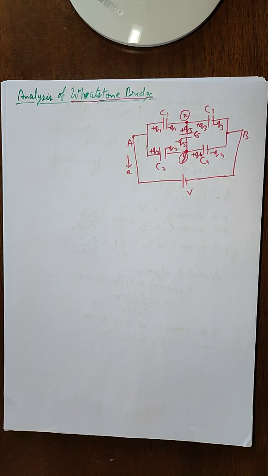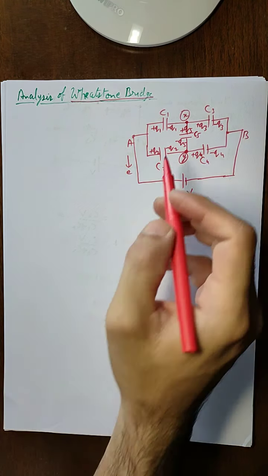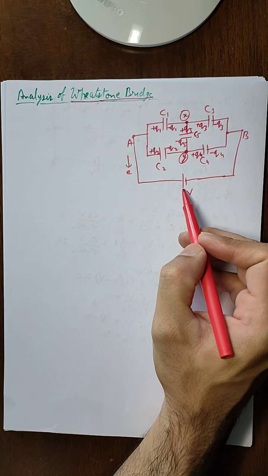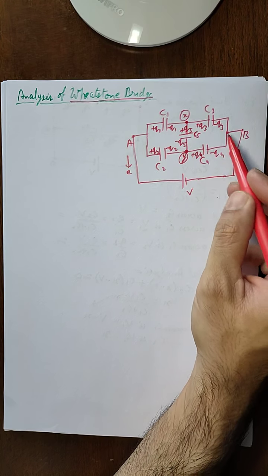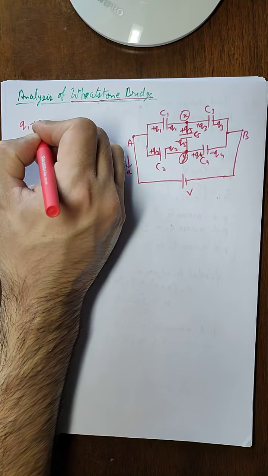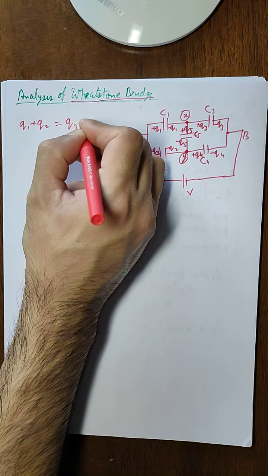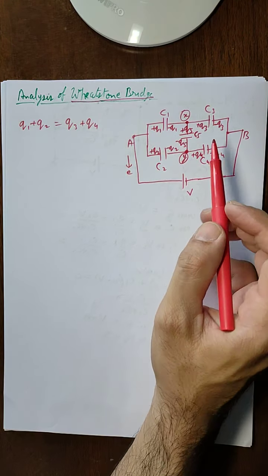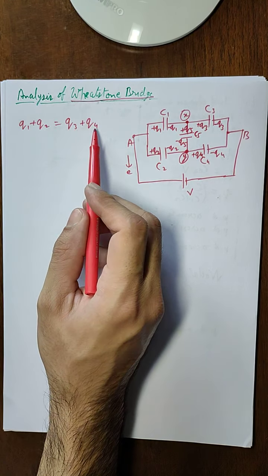So for now if we assume this, now since Q1 and Q2 are supplied by the battery and these are deposited here in the form of Q3 and Q4, we can write that Q1 plus Q2 equals Q3 plus Q4 because they are essentially the same charges. But since distribution can be different, we have given the names Q1, Q2, Q3 and Q4.